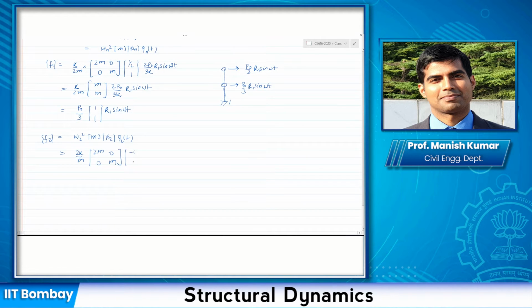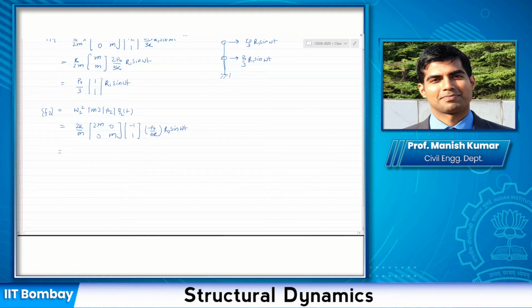And this is minus 1 and 1 for the second mode. And this was, I think, minus P0 by 6K times R2 sine omega t. So if we multiply it here, I will get minus P0 divided by 3.